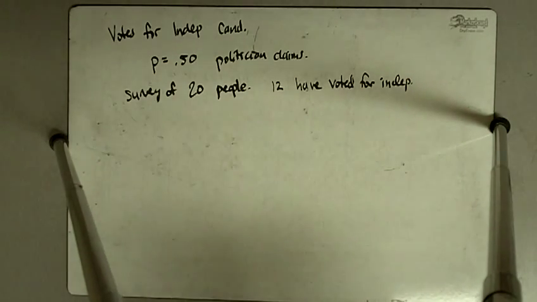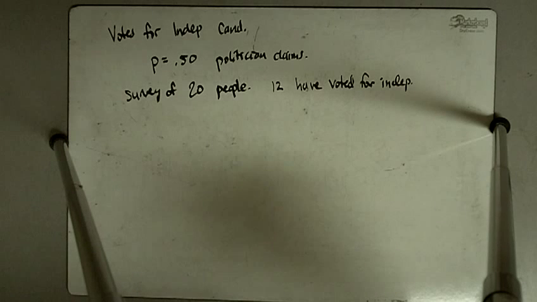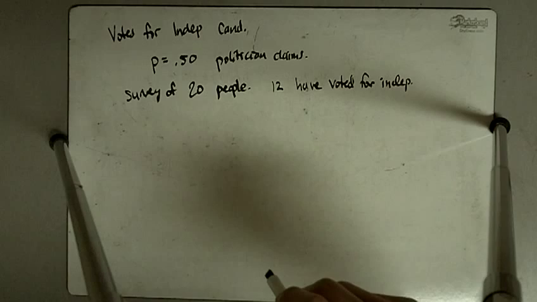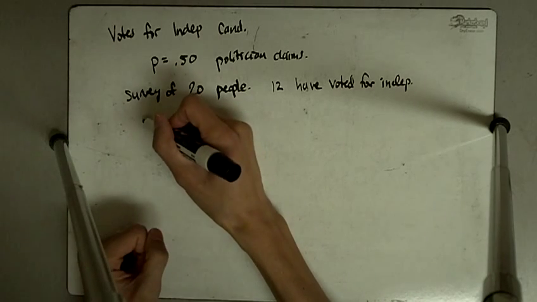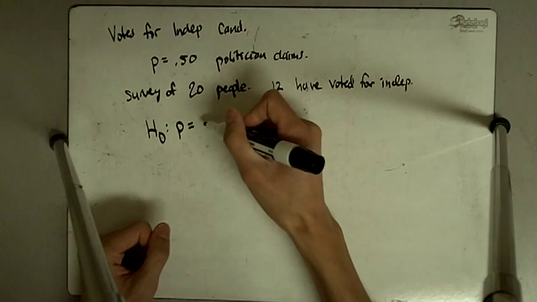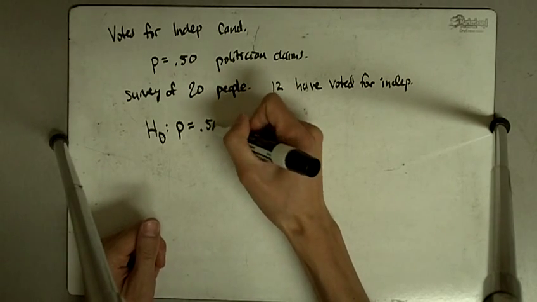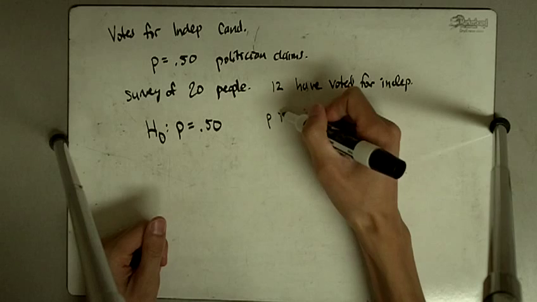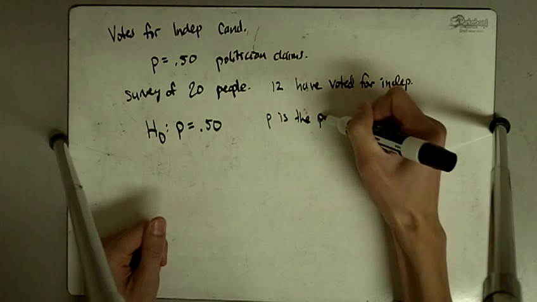The null hypothesis is that the overall proportion of voters in Pennsylvania who have voted for an independent candidate is 50%. So our null hypothesis is that P, the proportion who have voted for independent candidates, is 0.50.